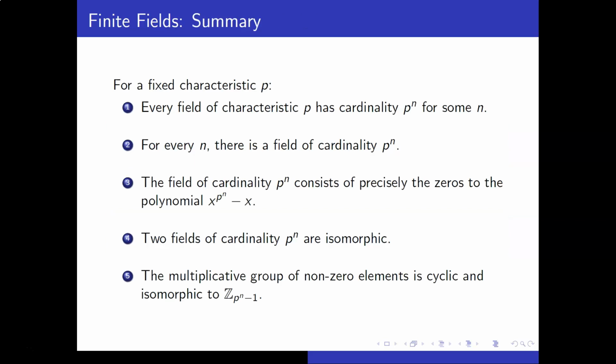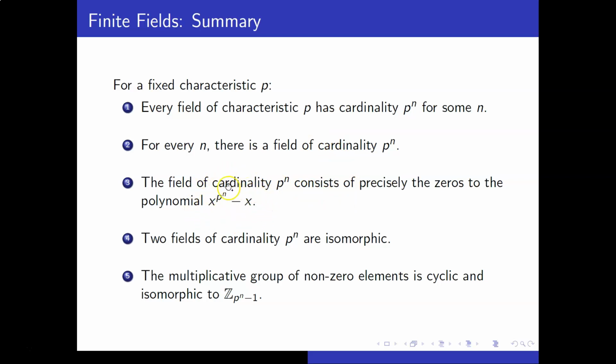All right, so to summarize, what we've seen, given a fixed characteristic p, if I have a field of characteristic p, it has cardinality p to the n for some n. Conversely, for every n, I can find a field of that cardinality. All right, I know precisely the elements in there.